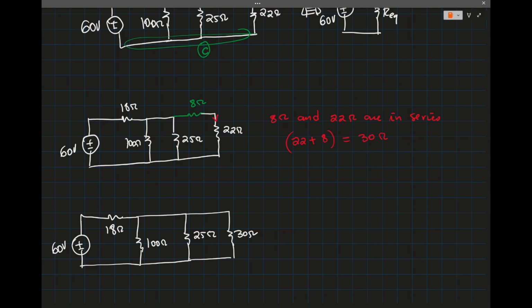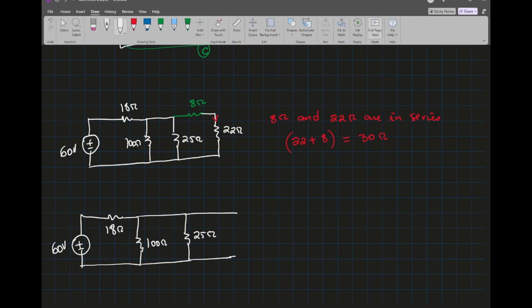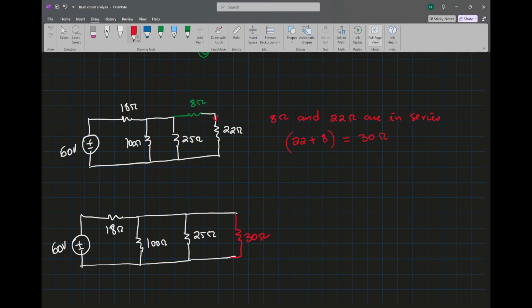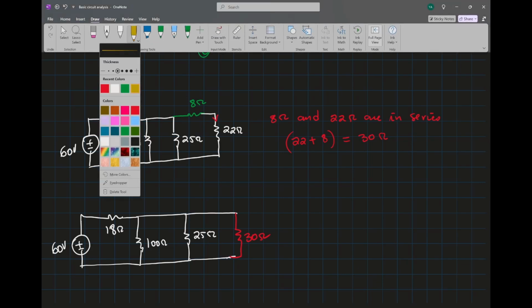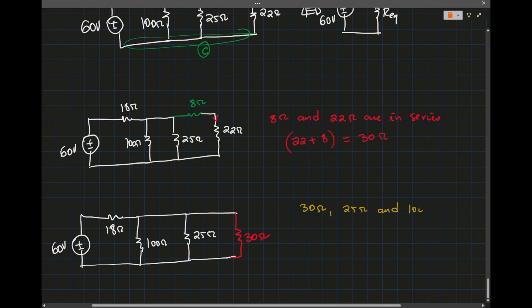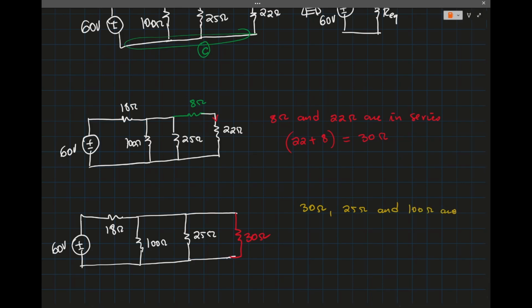Now we have 30 ohms, 25 ohms, and 100 ohms in parallel.